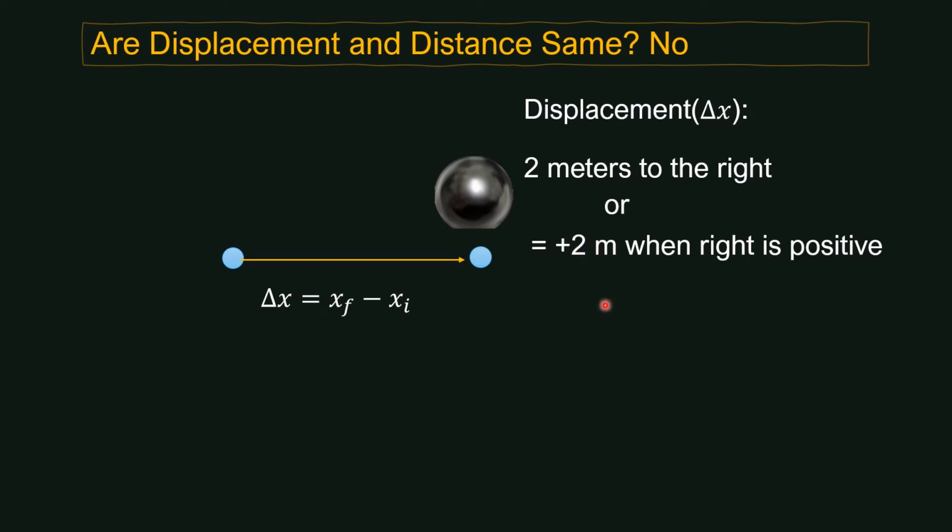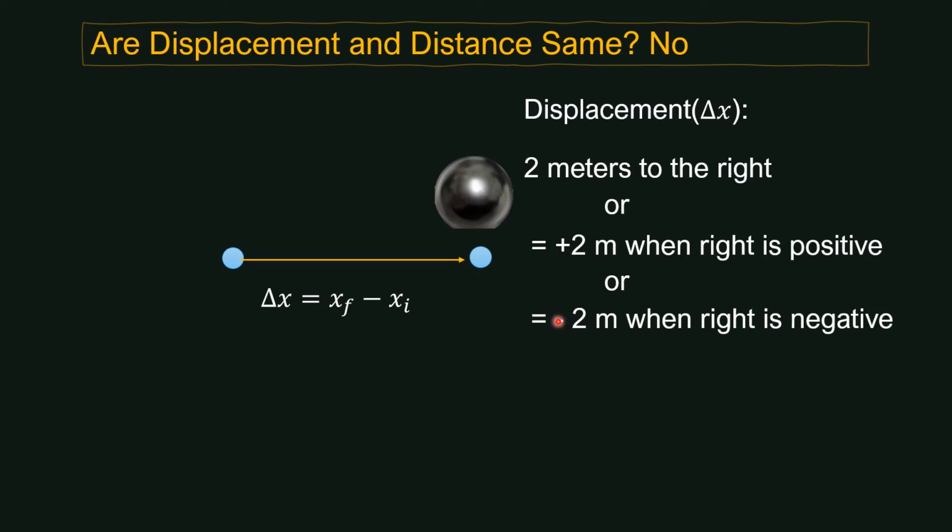However, the same displacement becomes negative 2 meters when we assume right as a negative. The value is still 2 meters, but since we are assuming right is negative and the displacement is to the right, it must be negative. Remember, the sign means direction for the vector.